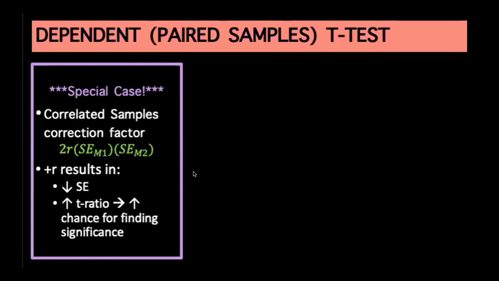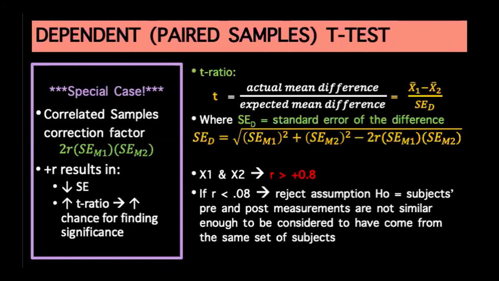So that's basically what this correlation coefficient is doing, saying, are the measurements reliable enough to assume that the same person was actually measured for each group, okay? That's what this correction factor inserted into the equation is.